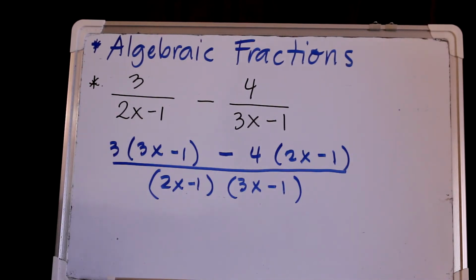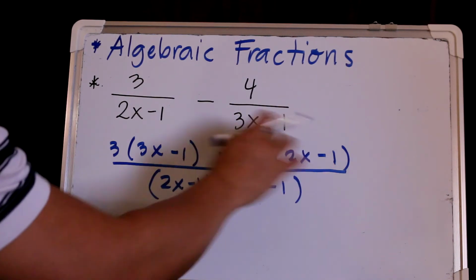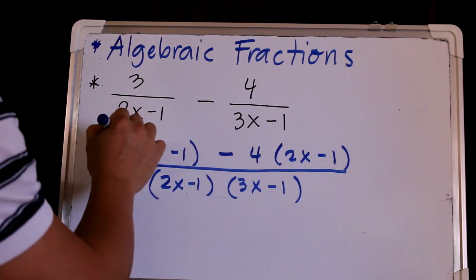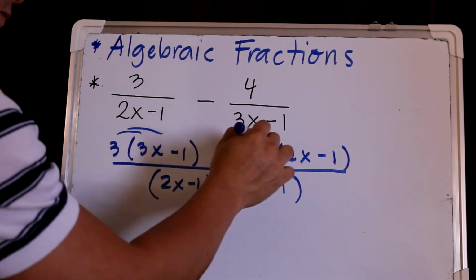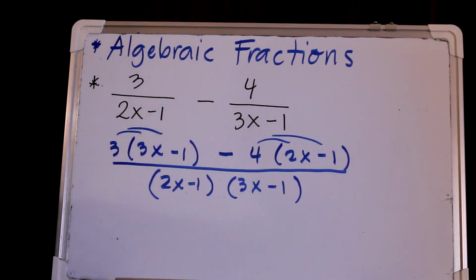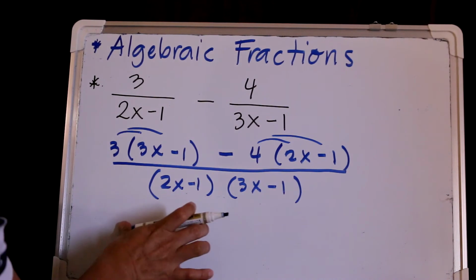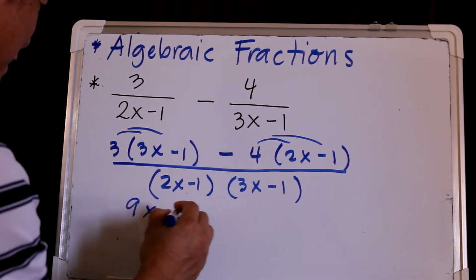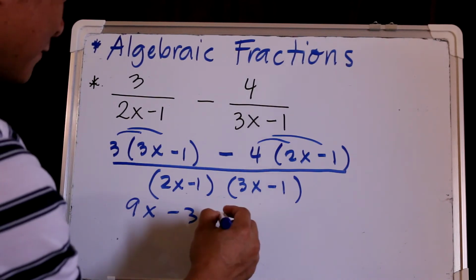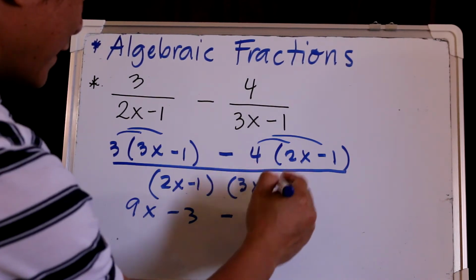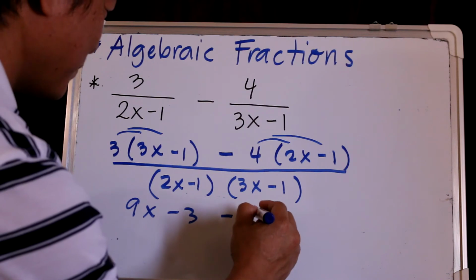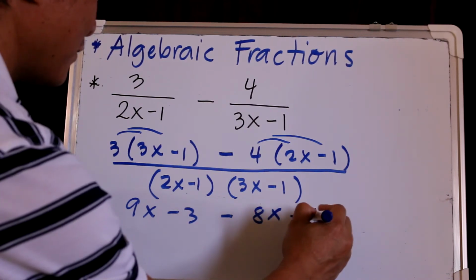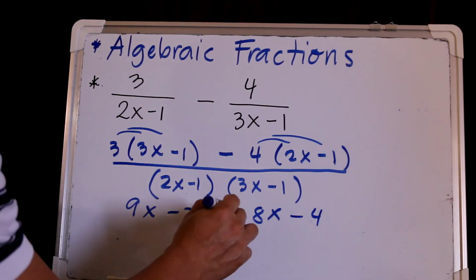Okay, so you have a minus sign here, so remember this all the time. So we distribute this, that, distribute. So what will happen is you are going to have 9x minus 3 minus, that's a positive, 8x minus 4.